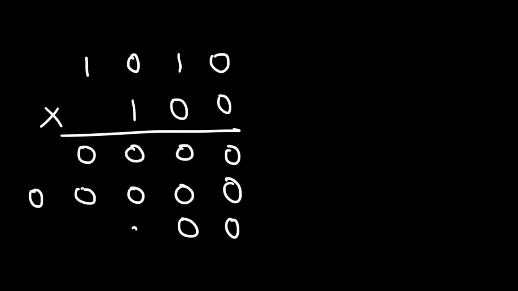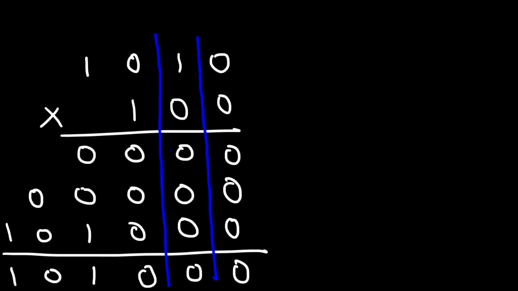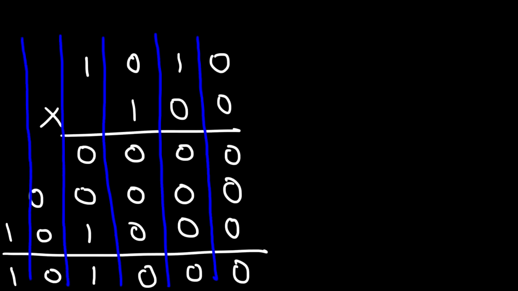So now let's add. This is going to be 0, and then 0, 0, 1, 0, 1. It's always good to check your answer to make sure that you did everything correctly. So let's go ahead and do that now. The first column has a value of 1, and the second is going to be 2, and then 4, 8, 16, 32.